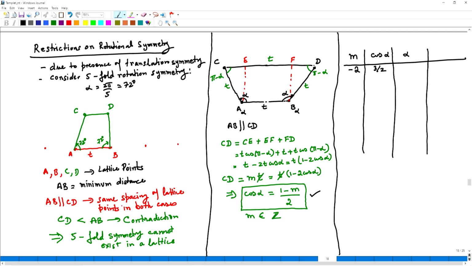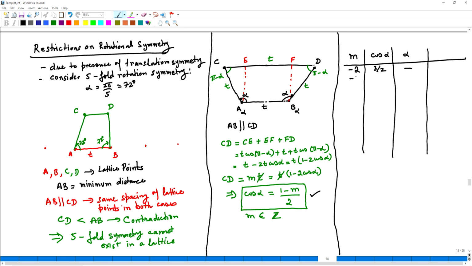It cannot exceed. Therefore, this is an invalid value for cos alpha, and hence you can't calculate any alpha for that. If I try more negative values like minus 3, it will become even larger than plus 1, and hence not possible.